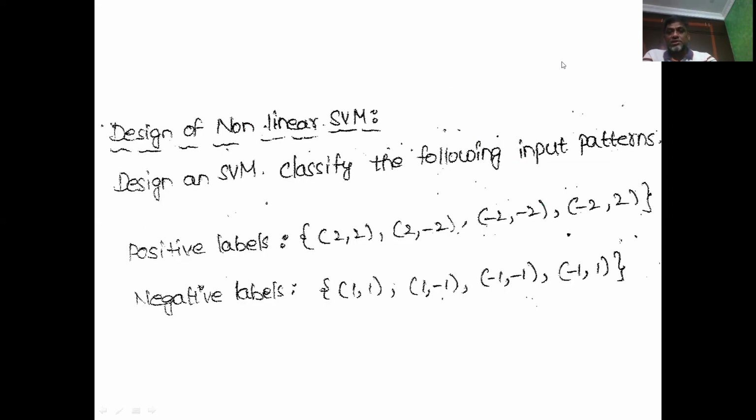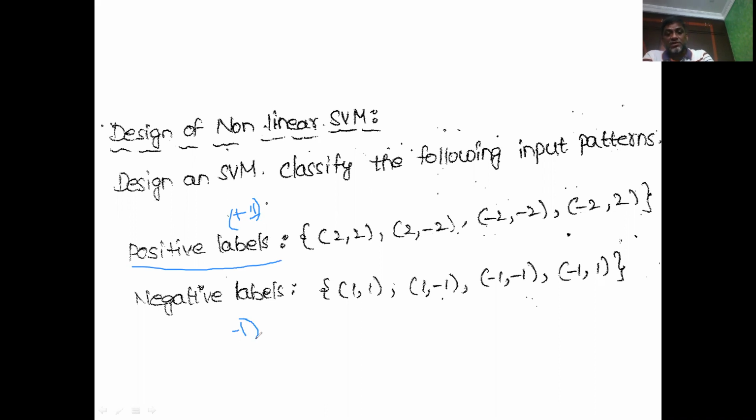These labels will produce the desired responses. The desired response from the positive labels is going to be +1, as we took while designing the linear SVM, and the desired response for the negative labels is going to be -1.